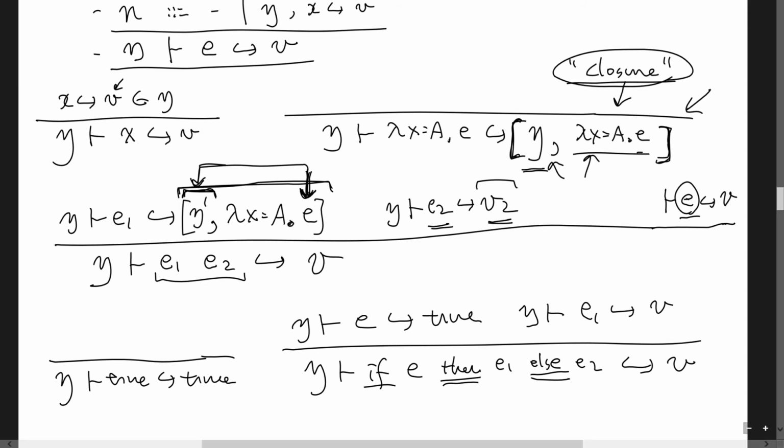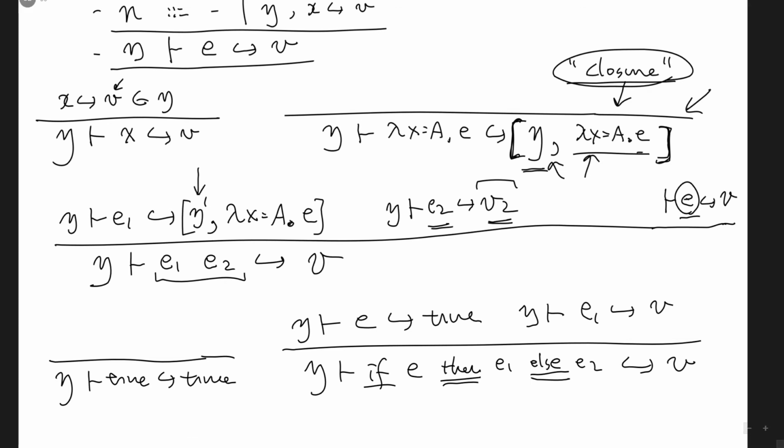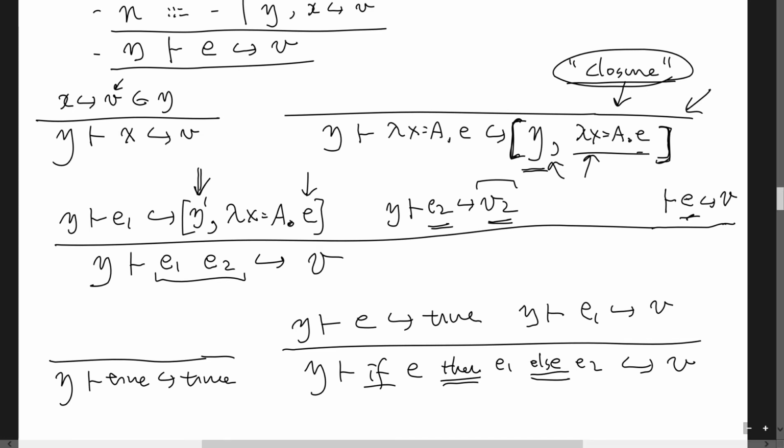So in order to evaluate expression E, it suffices to carry the environment eta prime, because all the free variables in expression E can be found in this environment eta prime. So you do not want to use this original environment eta.